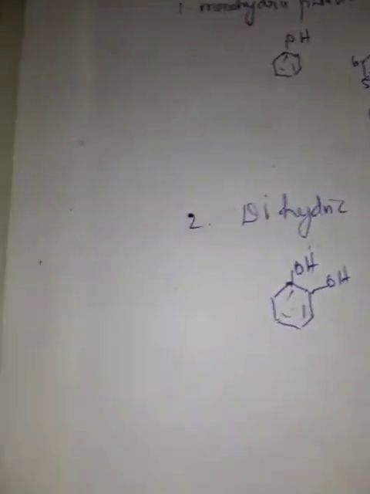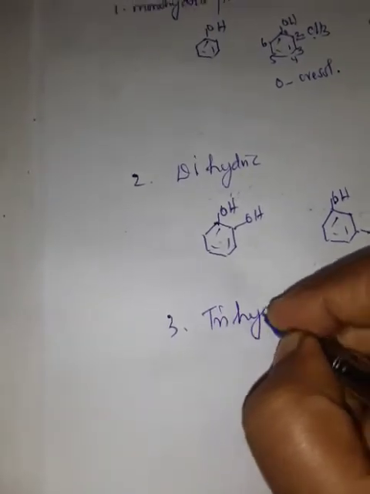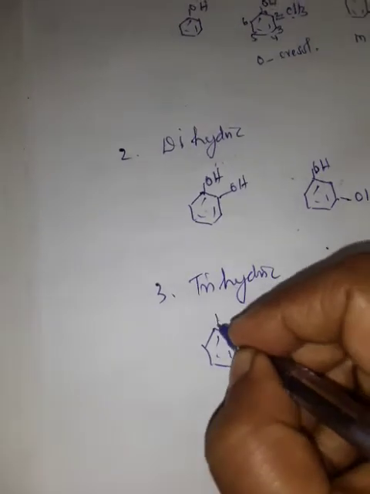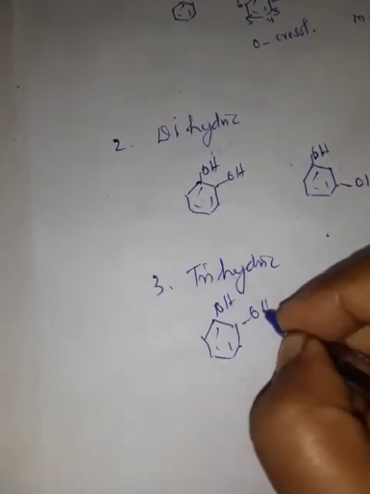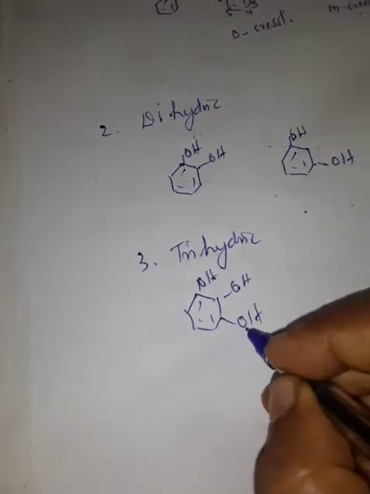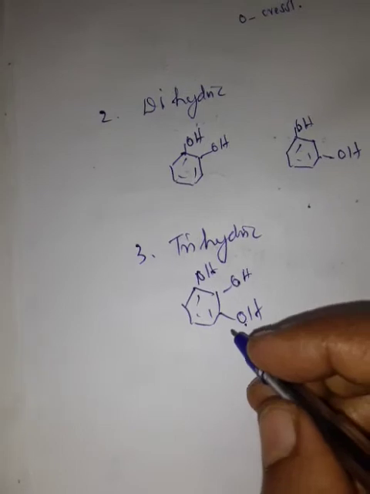Next, the third one is trihydric. Consider an example. OH, OH, OH. 1, 2, 3-trihydroxybenzene. The common name is pyrogallol.